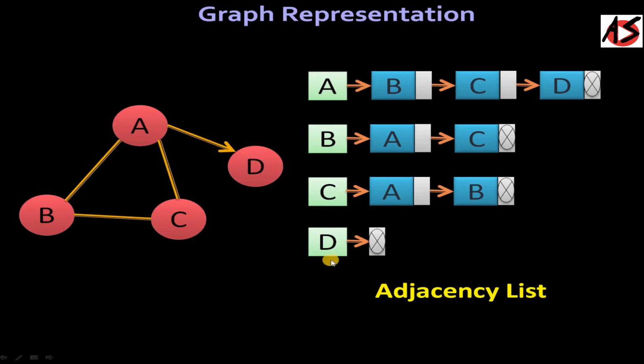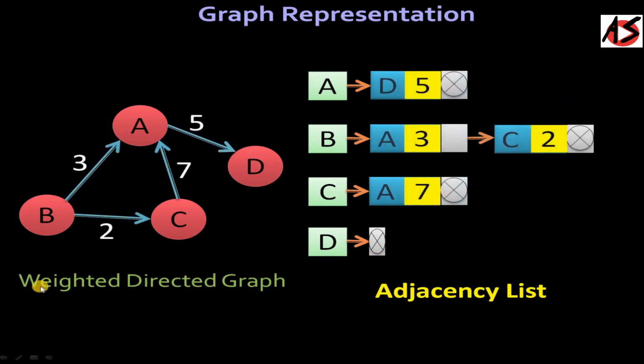Now if you are talking about the weighted directed graph, in which you have edges with direction and all edges have a weight, here we will take some extra data part in which we will store the weight. So here you have a connection from A to D. The A pointer is pointing to the D node and its weight 5 is indicated here.